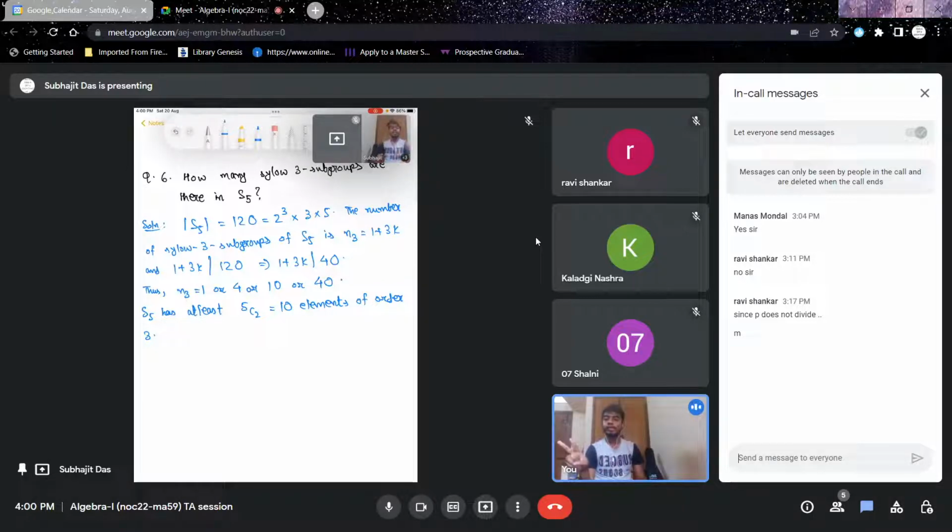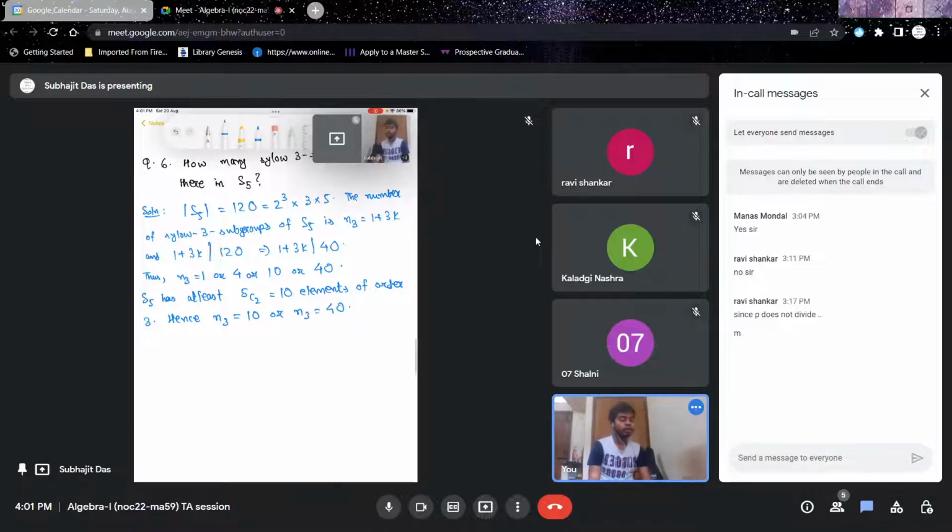You have 2 in the first one, 2 in the second one, 2 in the third one, and 2 in the fourth one. But you have clearly found at least 10 elements of order 3, right? So hence n3 is equal to 10 or n3 is equal to 40. That is, the number of Sylow 3 subgroups is either 10 or 40, right?